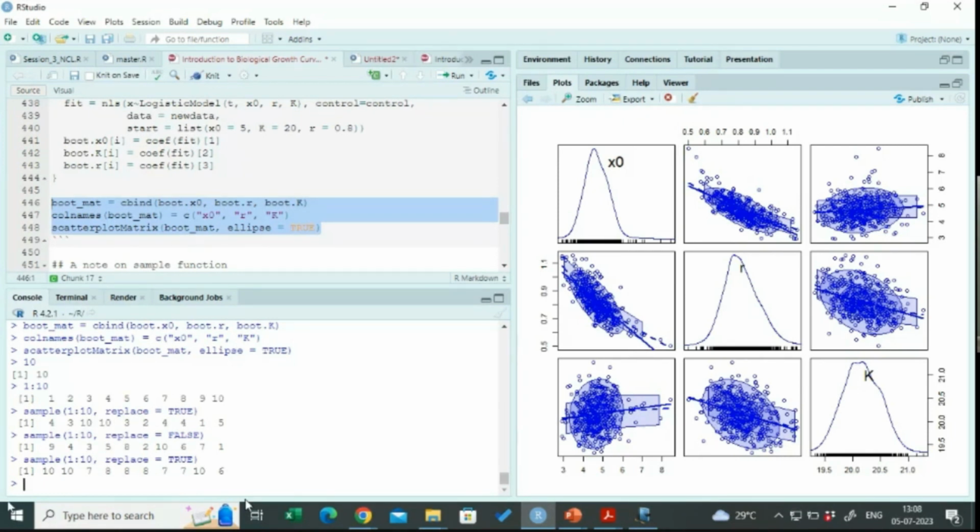Very valid question, but fortunately, if you do this bootstrap process a very large number of times, say 1,000 or 2,000 times, approximately two-thirds of the time a particular row is going to be there.